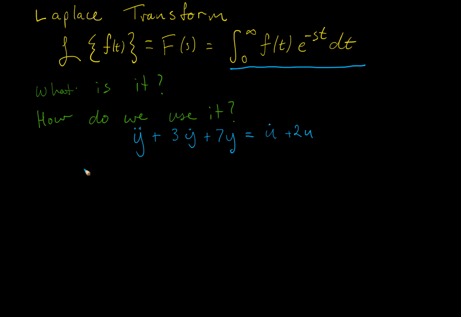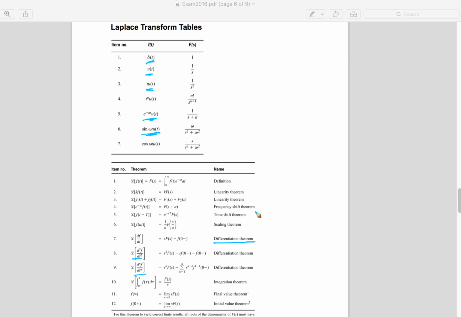The main differentiation theorem states that if we've got a signal f of t and we want to deal with its derivative, so we want to say what's the Laplace transform of df dt, that's going to be s times the Laplace transform of f, so if we've already got the Laplace transform of f, then that's useful, minus the initial conditions of f. So this shows up in your tables here as item number 7.